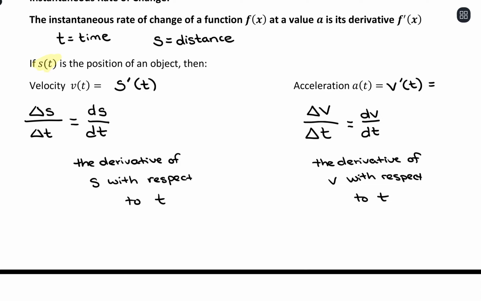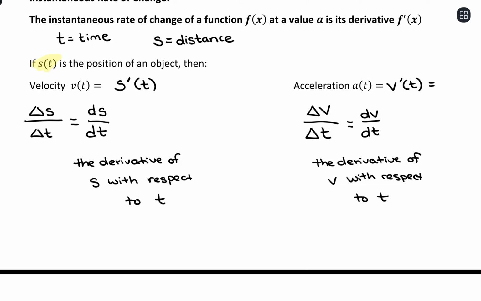And this notation here we're going to talk about later in the term, but I'll go ahead and throw it in here, but it's kind of a domino effect here. So we're taking the derivative of the velocity function. Well, the velocity function came from the derivative of this position function, so s of t. If velocity is this one derivative of s of t, then this would be the second derivative.